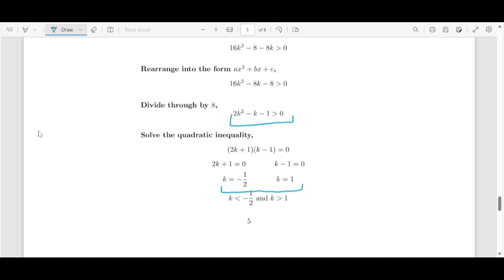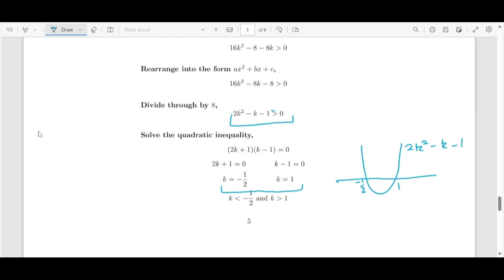Now, to determine the inequality that you get, let's just sketch the curve. So our root here would be 1, and then here is -half, and this is 2k squared minus k minus 1.